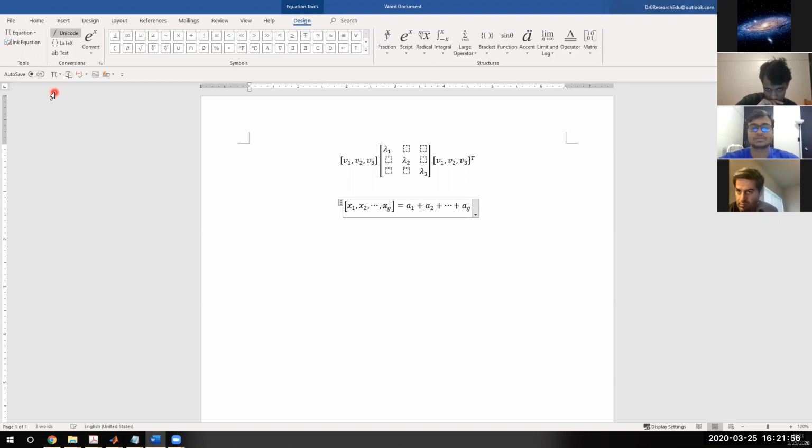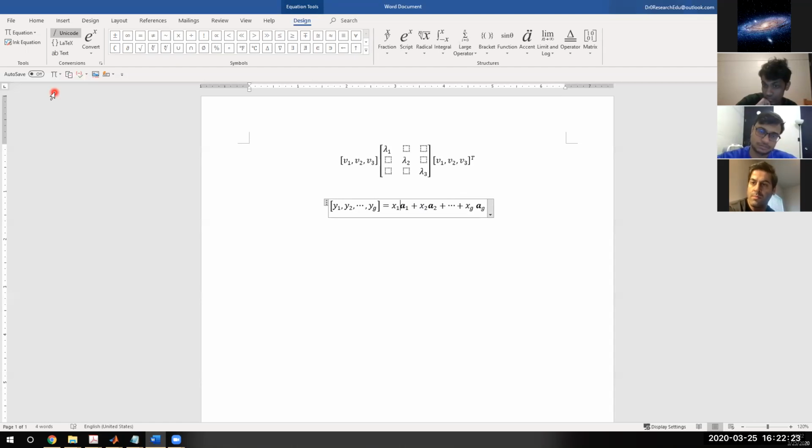Let me use y for example. Original space means the Euclidean space, times x1, where a1 is a vector, times x2, where a2 is also a vector, up to xg.